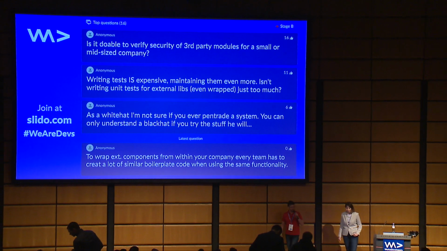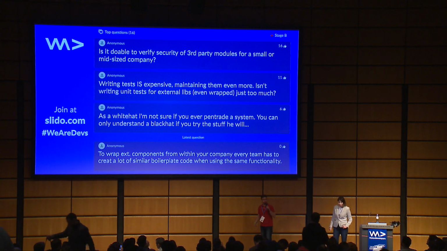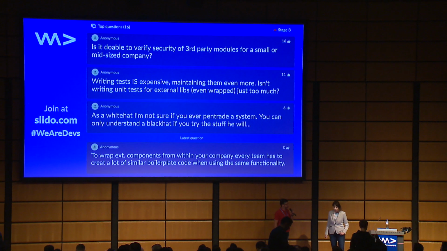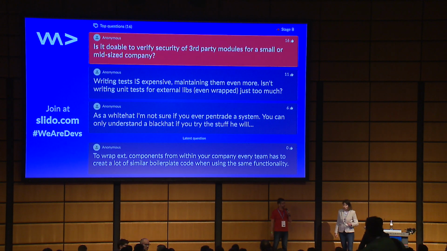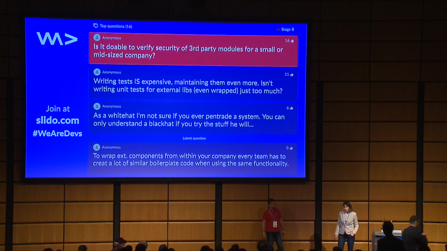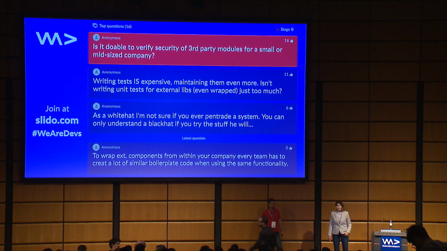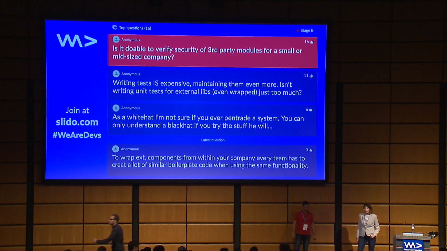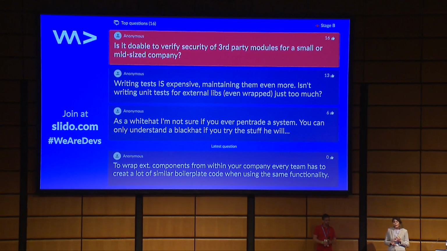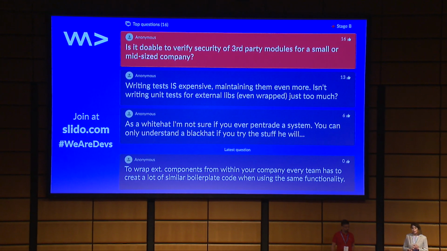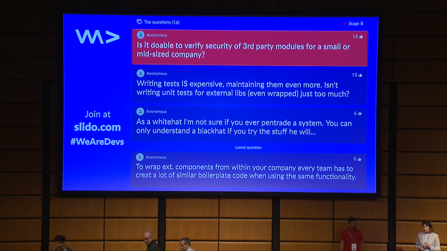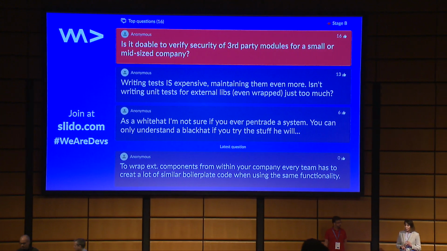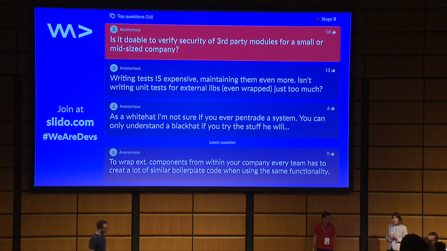I think that perfectly fits the next question. Is it doable for a mid-sized organization to verify security? What are the first two or three steps every organization should put in place? Yeah, so for every organization, including the small ones, when you bring a component into your software, use components that are maintained and had recent updates.